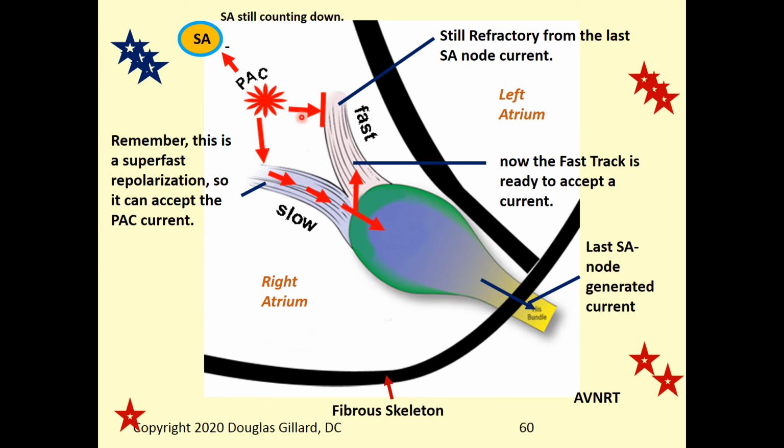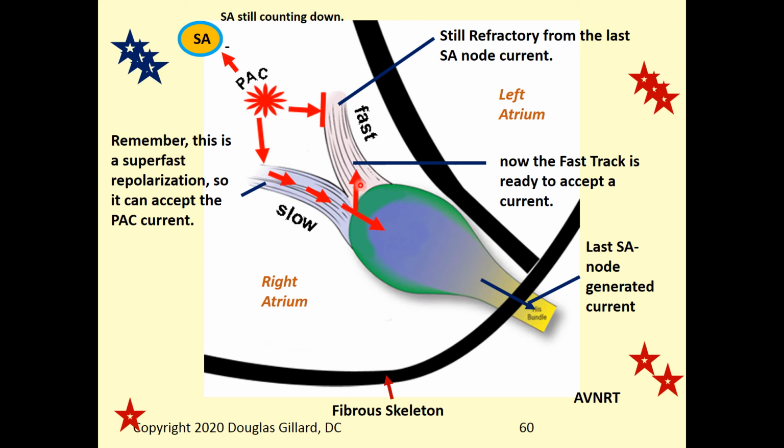So here's the deal. The SA node has generated an impulse. That's already gone through the normal system as we said. That's in blue, so I didn't draw that in. But here's the impulse from the last SA node. It's going to run the heart. But before the SA node can spark another one of these blue signals, a premature atrial contraction, an ectopic focus, occurs right here.